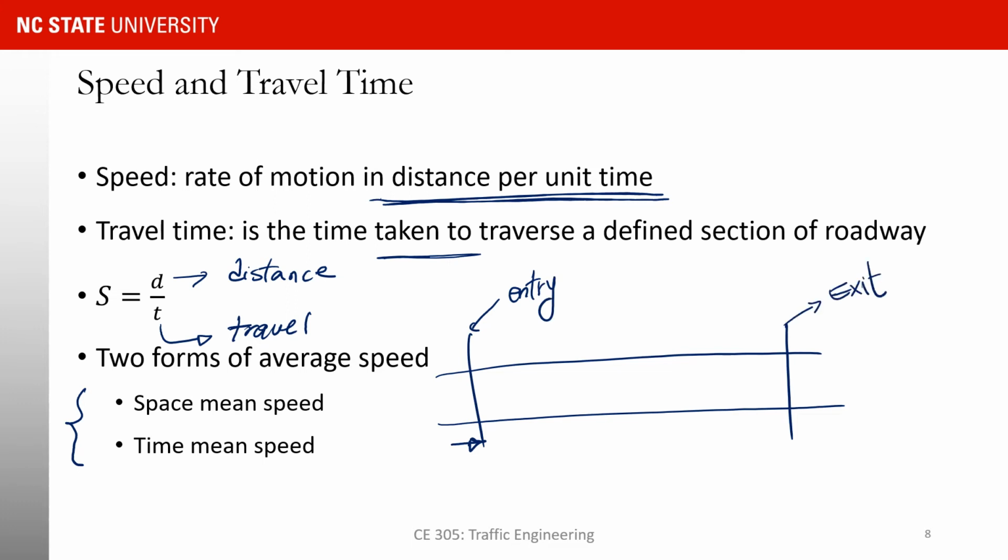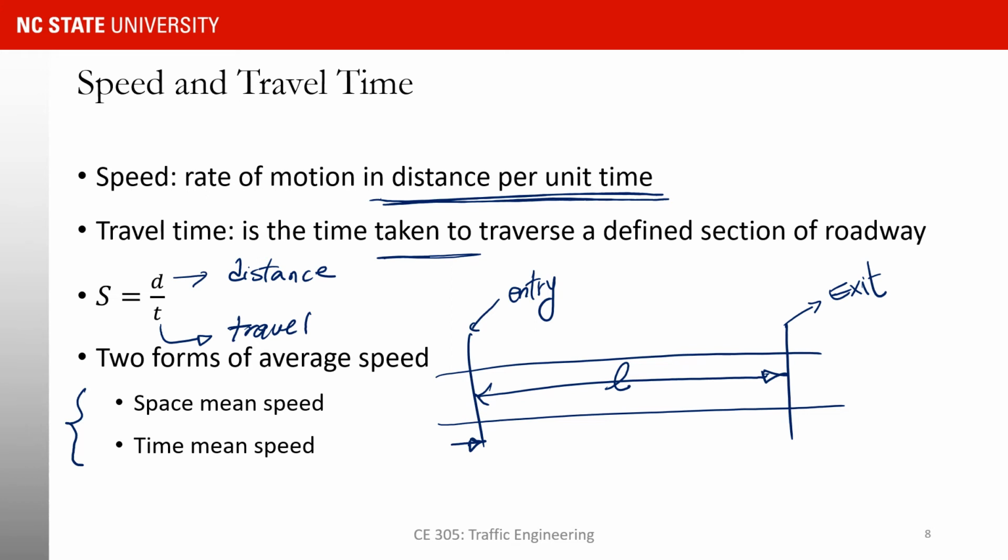So if you know that a vehicle entered this section at a certain time and exited this section at a certain time, the difference between those two is going to be the travel time, right? And if you know the length of this section, L or D, you can find the average travel time of all vehicles that entered and exited and divide L by that, and that gives you space mean speed.